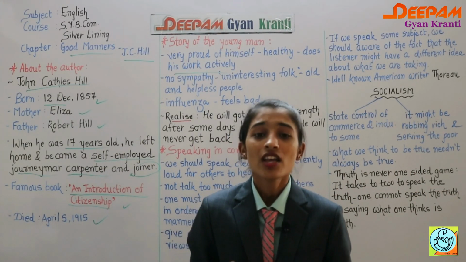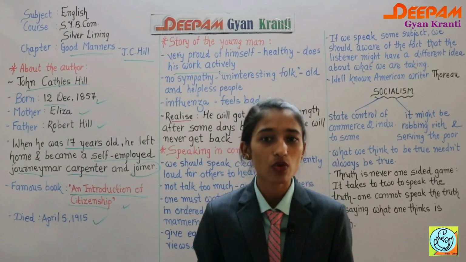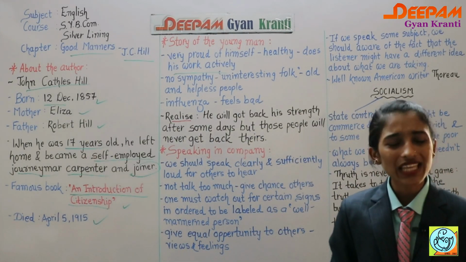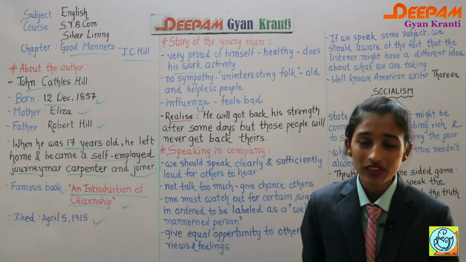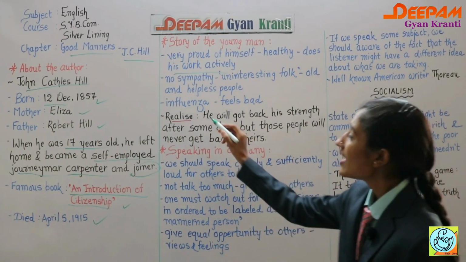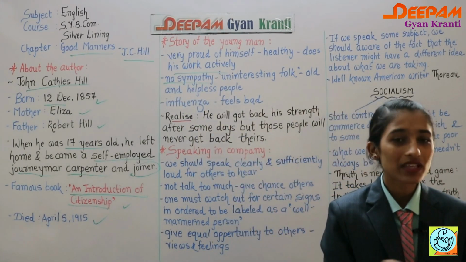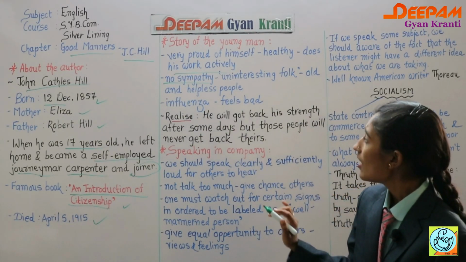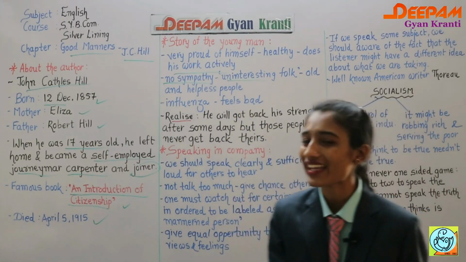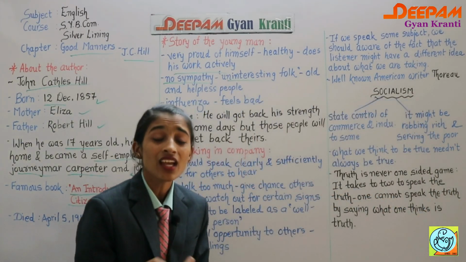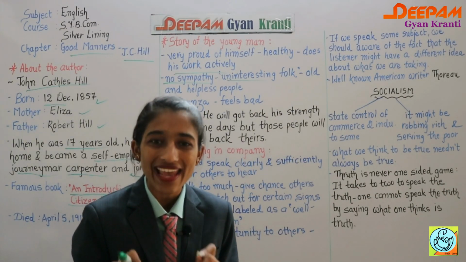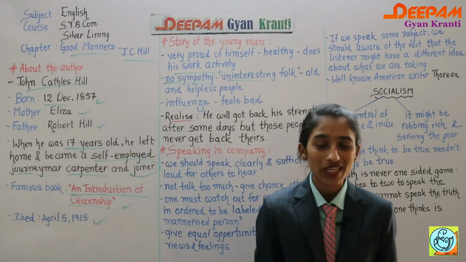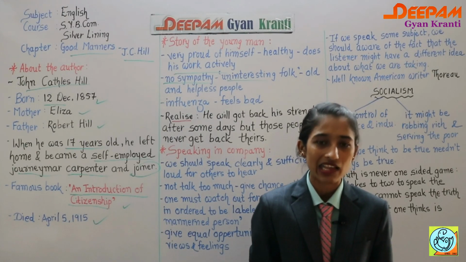One more thing applies to young people like us: he has no sympathy, उसके पास कोई sympathy नहीं थी. He is a mannerless person, always uninterested in folk like the old and helpless people. He doesn't like to help the old and needy people.